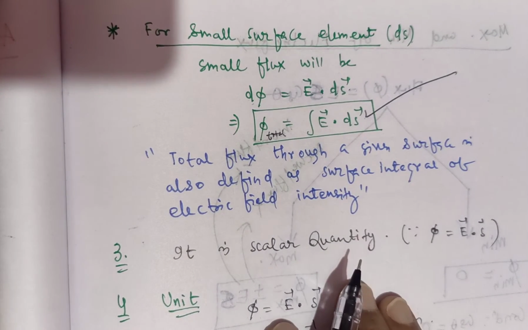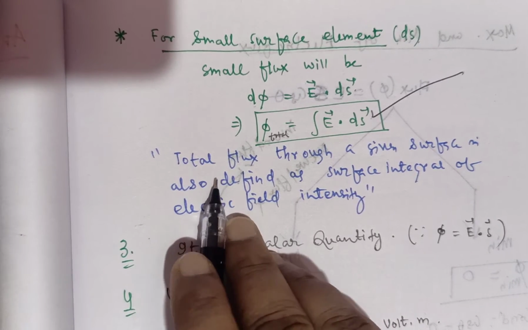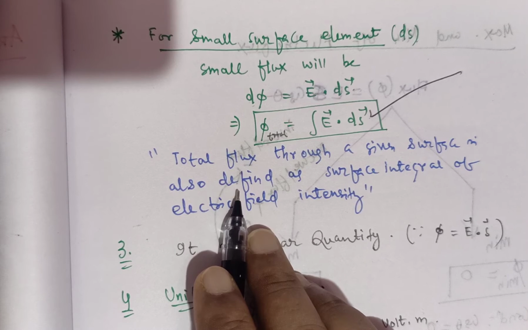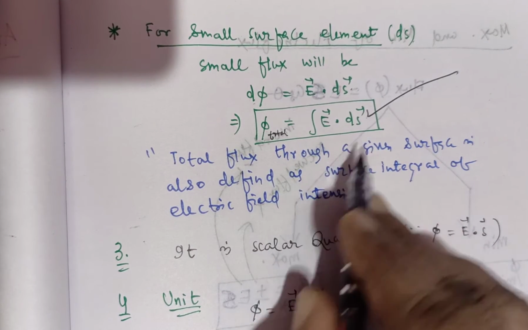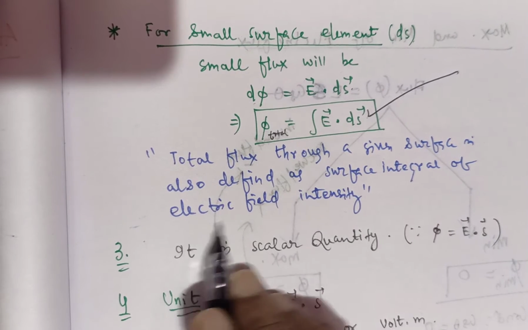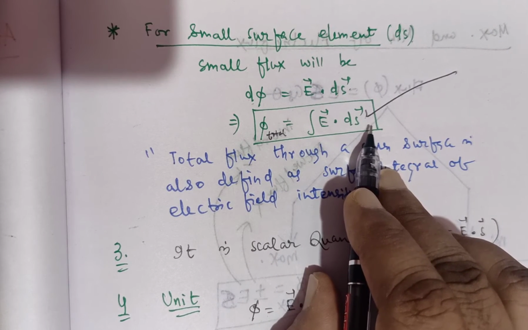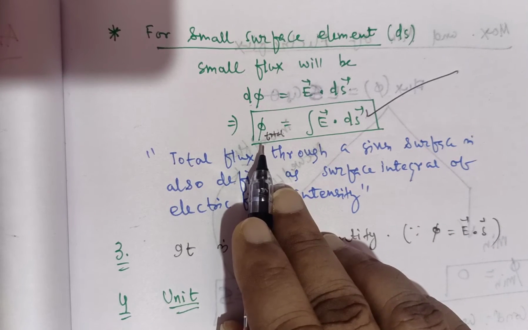From this mathematical expression, we can also define the total electric flux. So total electric flux through a given surface is also defined as the surface integral of electric field intensity. That means it is integration of two dimensions. Surface integral of electric field intensity is also known as electric flux.